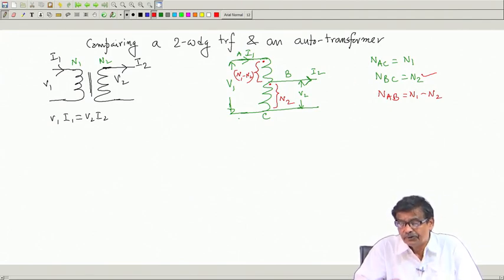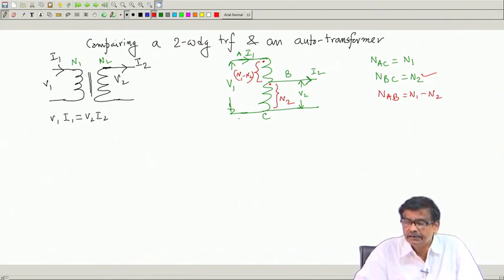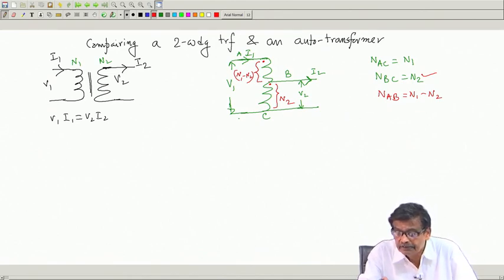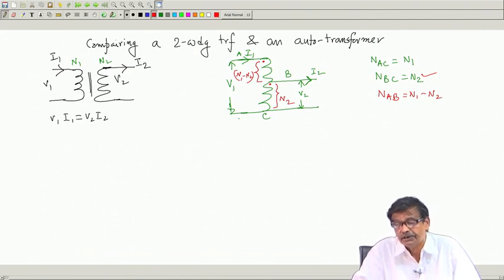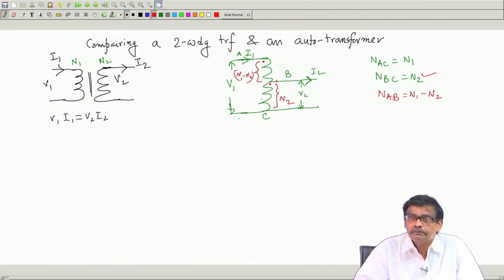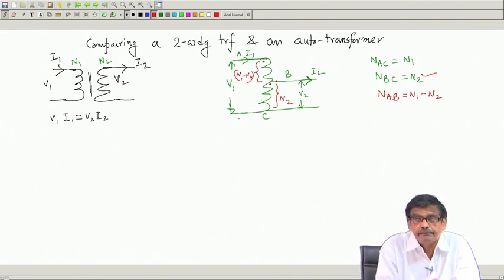Now, if you look at this connection very critically, you will immediately see that these two coils, the coil existing between terminals A and B and coil BC, there are no common turns present, they are separate coils.